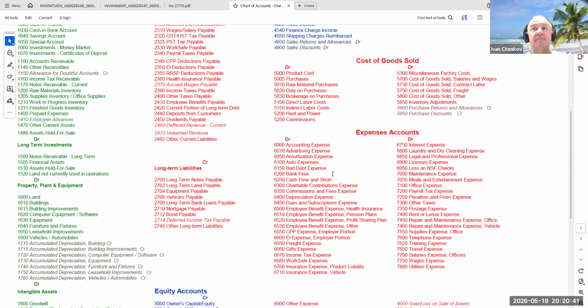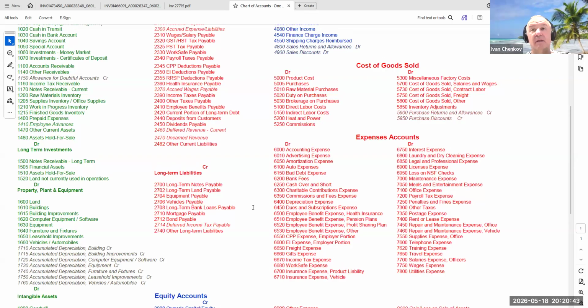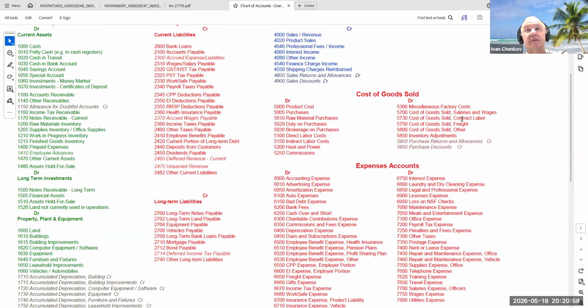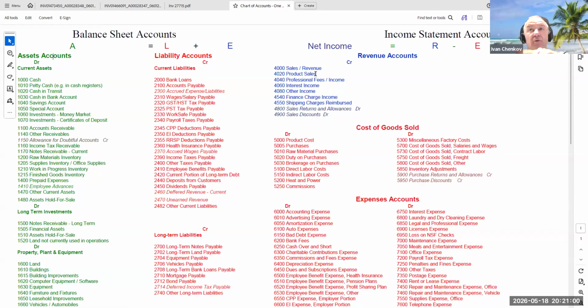And expenses are expenses. But we have some special accounts related to purchase return allowances and purchase discounts, which are part of the expense accounts but have a special balance on the credit side. Same thing with revenue: normal revenue accounts have credit balance, but these special accounts have the opposite balance.